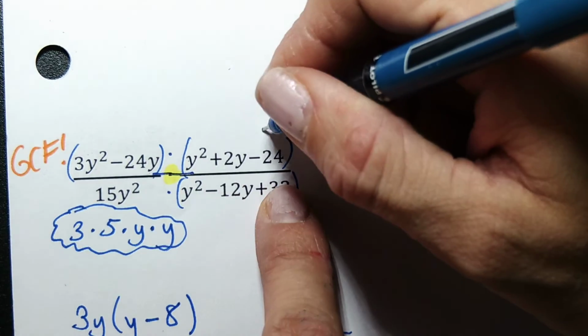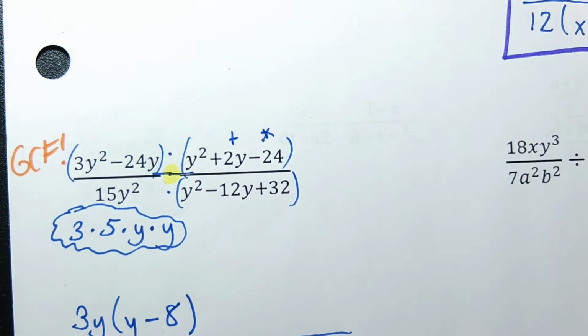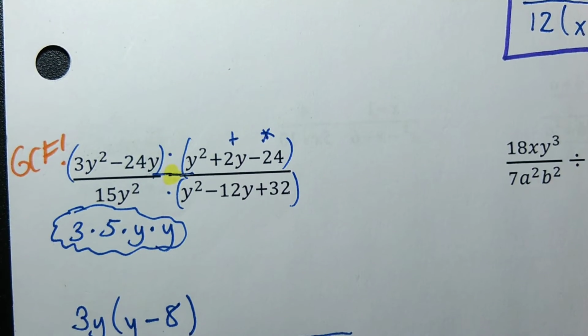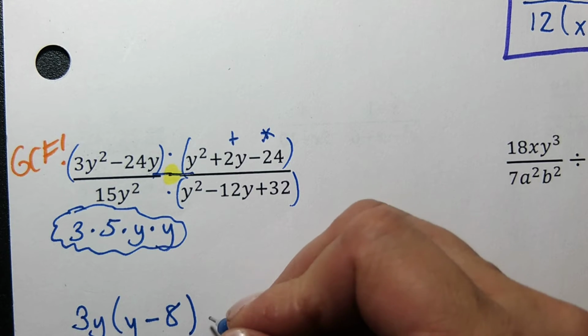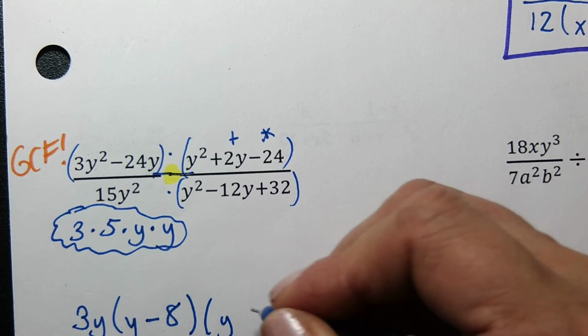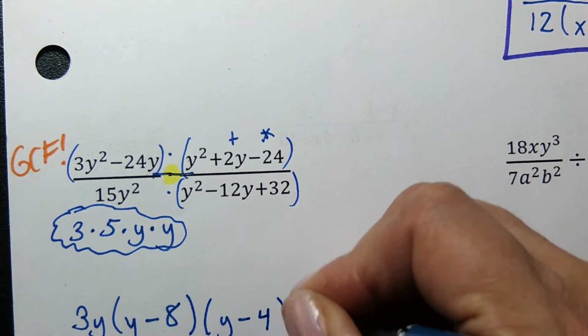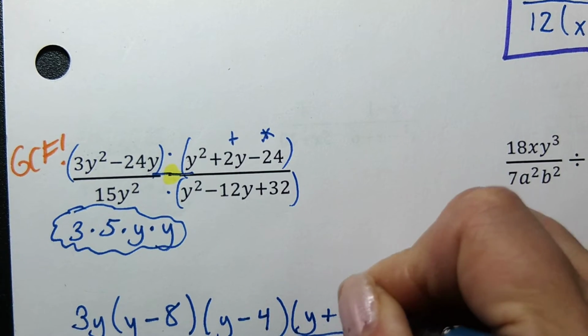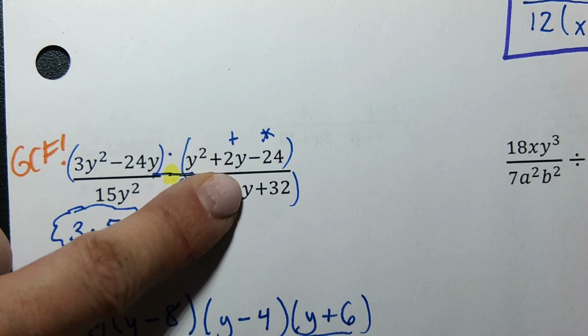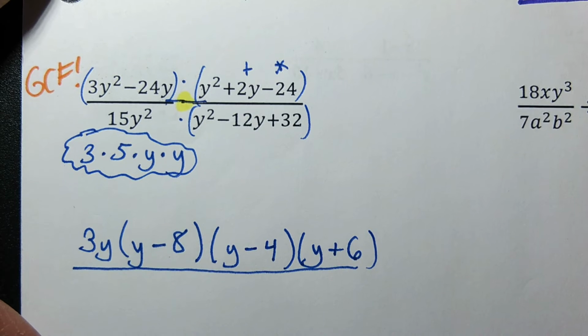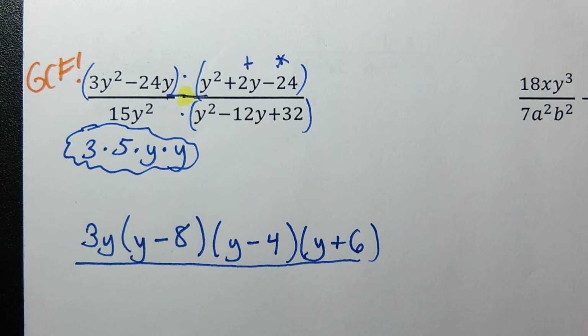And product of negative 24, sum of 2. 1 and 24, 2 and 12, 3 and 8, 4 and 6. 4 and 6 is going to do it for us. Who needs to be negative? 4, so y minus 4 and y plus 6. This will give me a positive 2 for the sum and a negative 24 for the product.